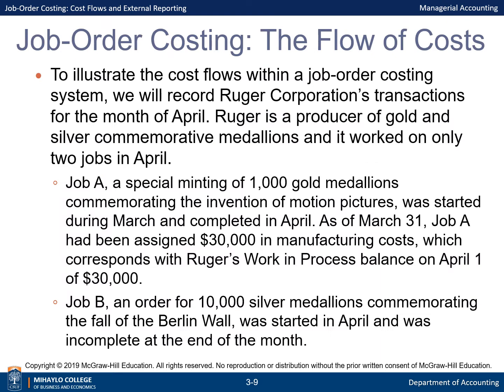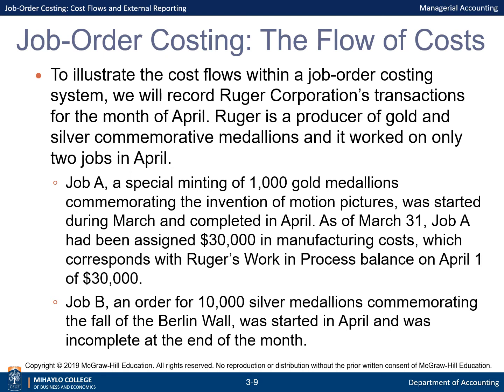To illustrate the cost flows within a job order costing system, we will record Ruger Corporation's transactions for the month of April. Ruger is a producer of gold and silver commemorative medallions, and it worked on only 2 jobs in April. Job A, a special minting of 1,000 gold medallions commemorating the invention of motion pictures, was started during March and completed in April.